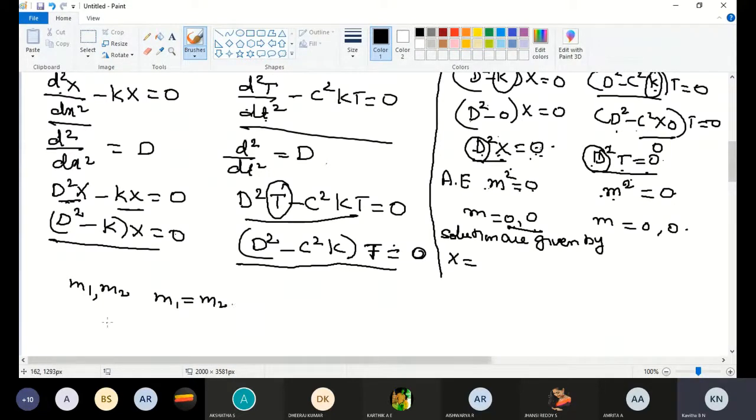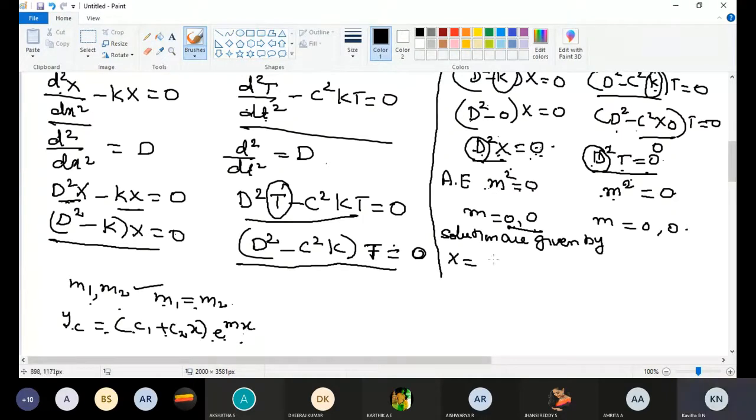At that time, how to write the solution? yc is equal to c1 plus c2 x, e to the power of mx. Understood? Here m1 and m2 are repeated roots, m1 is equal to m2. The general solution is yc is equal to (c1 plus c2 x) e to the power of mx.